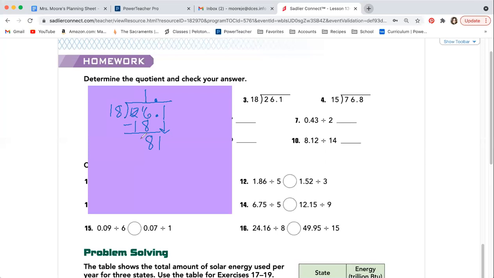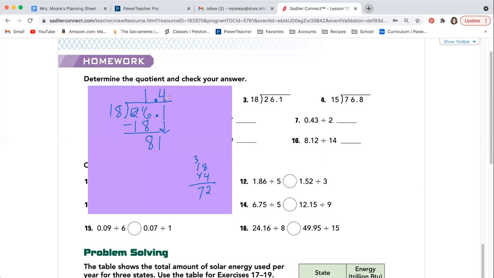So 4 times maybe can I fit 18 into 81, but I have to try it, right? So 18 times 4, let's see what I get. 18 times 4, that's 32. 4 times 1 plus 3, 72. So that will work. There's no way I could fit another copy of 18 in that space, right? So 4 will work. So 18 goes into 81 4 times.